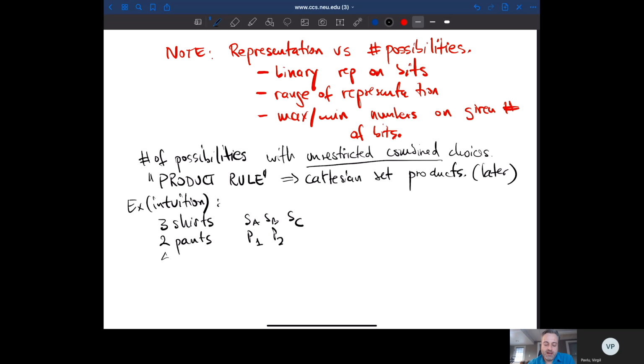And maybe I have 4 hats. Let's call them hat A, hat B, hat C, and hat D. The question is, how many ways to dress up?